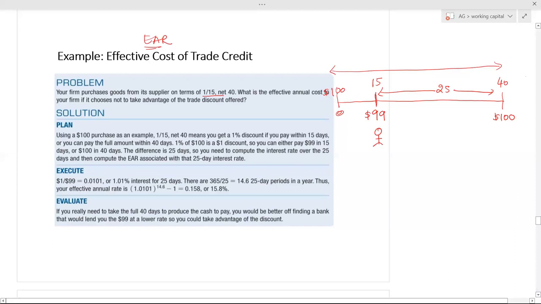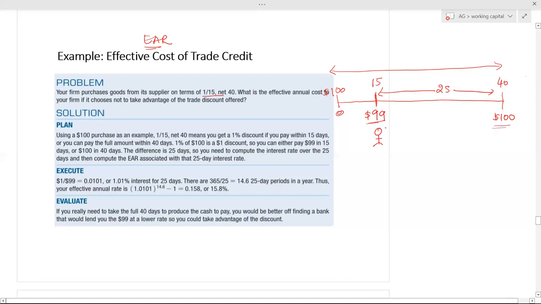So 1% of 100 is 1, which means on the 15th day you can pay 99. But if you do not pay on the 15th day, you will pay $100.